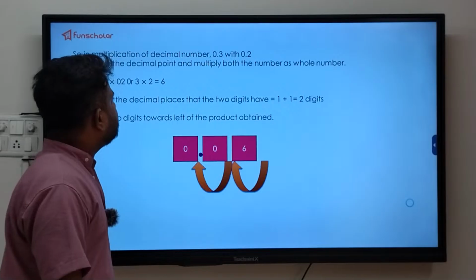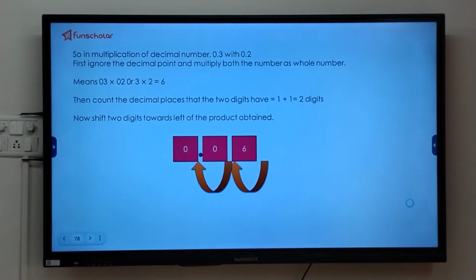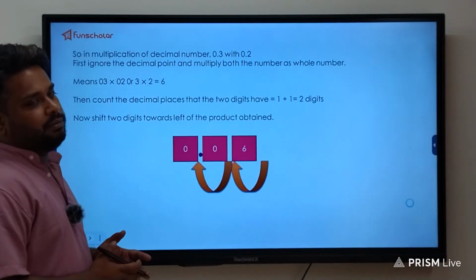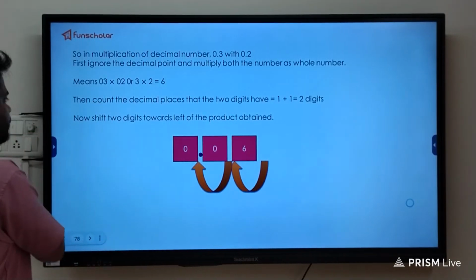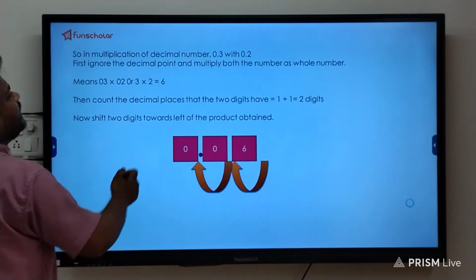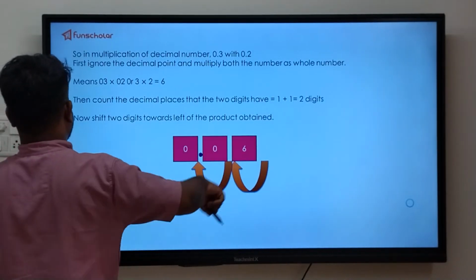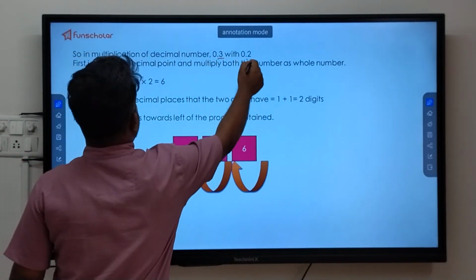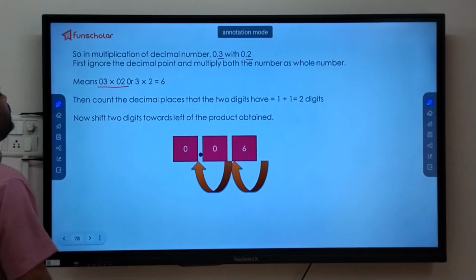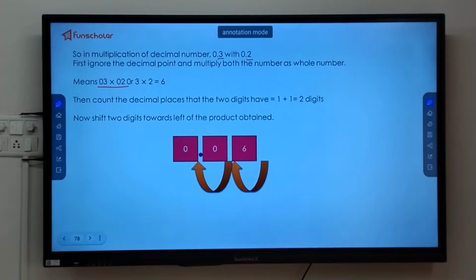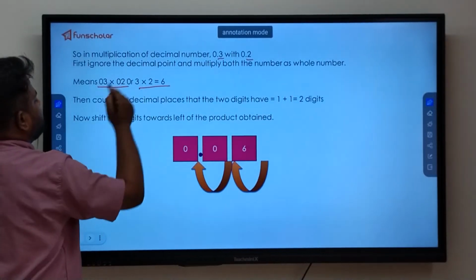So in multiplication of decimal numbers, 0.3 with 0.2, first ignore the decimal point and multiply both the numbers as whole numbers. Yes, we have already done it like in the previous examples. So that means just take 3 and 2, or 03 and 02. It will give us the value 6.